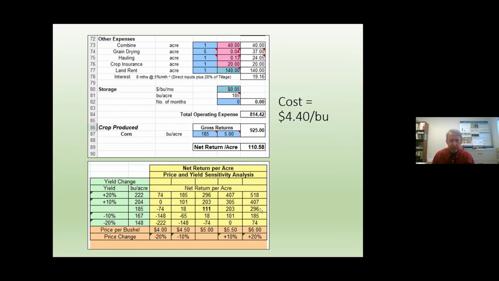And this crop budget analyzer will also give you a little chart here that is a price and yield sensitivity analysis. And so you can look at what the outcome would be if you had a little higher yield or a little higher or lower price as well.